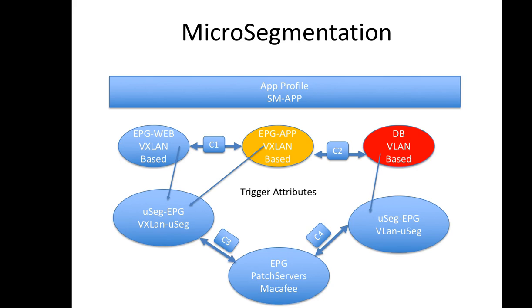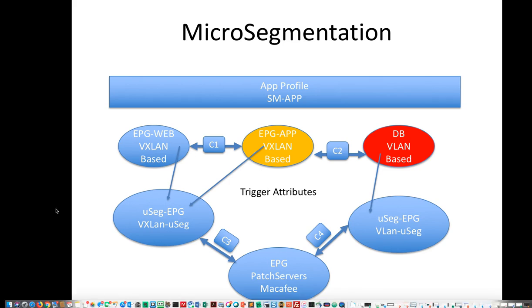Once it's patched, it sends a trigger back to the initial system that put the attributes in there, and that system then goes and takes the attributes off and the endpoints jump back into the regular parent EPG. In other words, you just created a self-healing network.